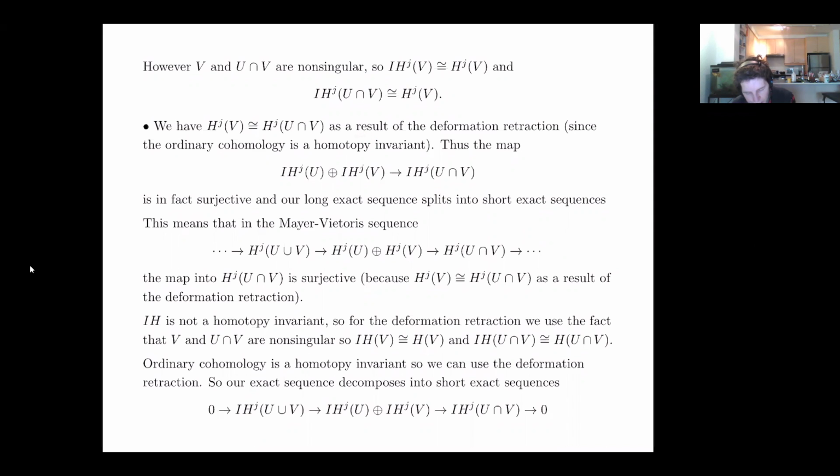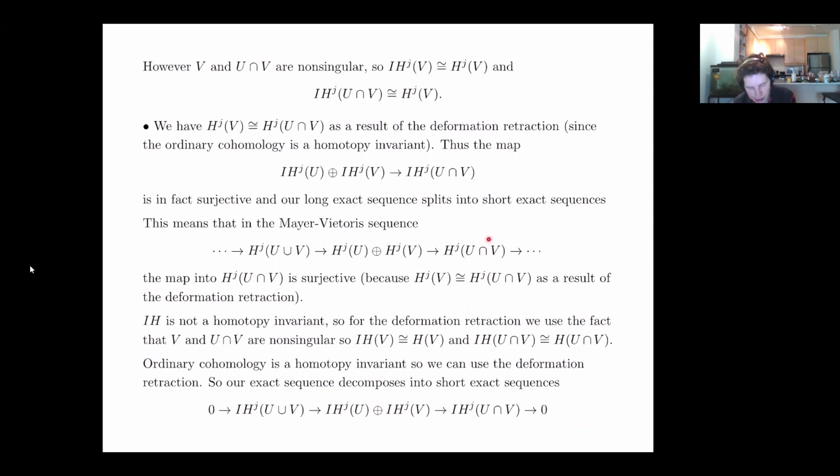So that tells us that the map from the intersection cohomology of U direct sum with the intersection cohomology of V, restricting to the intersection cohomology of U intersect V, that map is surjective, and so our long exact sequence splits into short exact sequences.